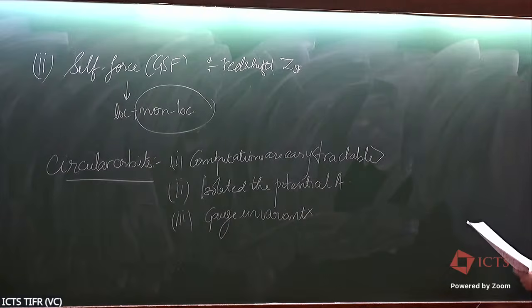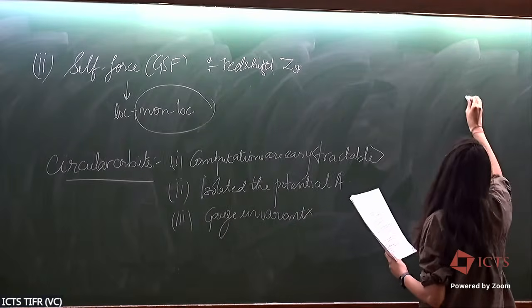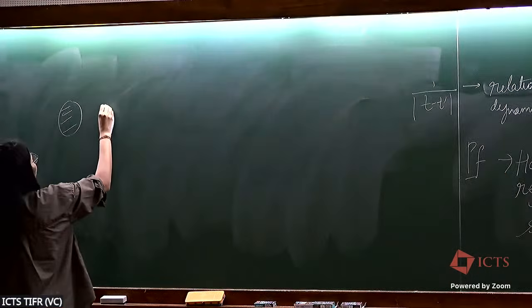As I was mentioning initially, if we consider a point particle moving around a primary mass, and there is a clock attached to the point particle, the proper time measured in that clock is tau.